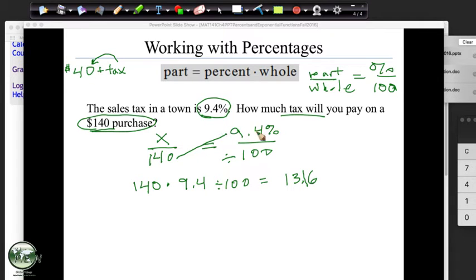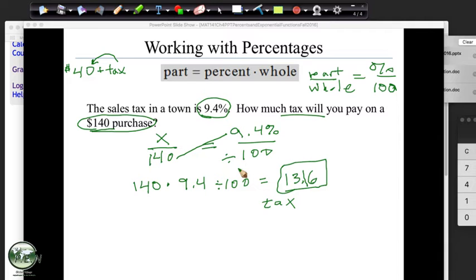And again, 9% is close to 10. If you estimated 10% of 140, you'd be right, it's about $14. So you could do a kind of second check on it. That's the amount of our tax. Okay, does that make sense? This part.